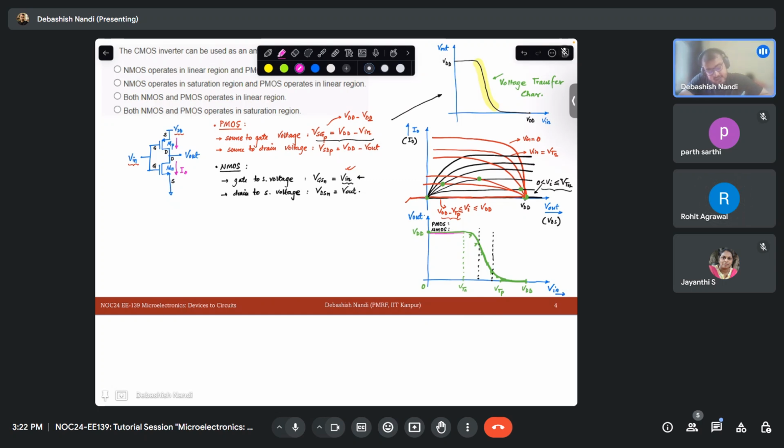This is the case when my output is at this level. So NMOS is off and PMOS is in linear region. And what about this region? It will be the opposite. PMOS will be off and your NMOS will be in linear region.